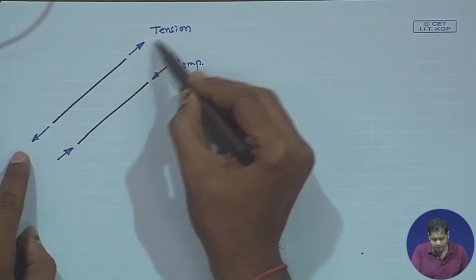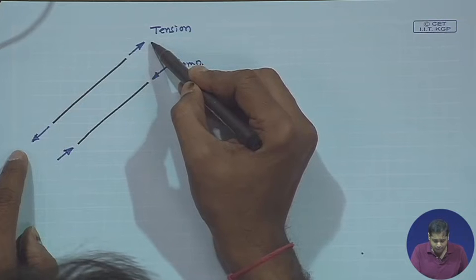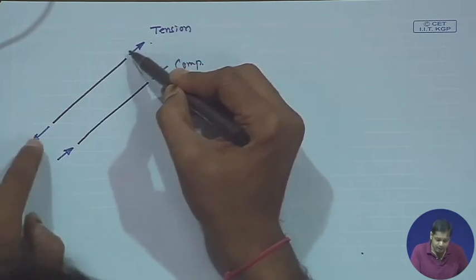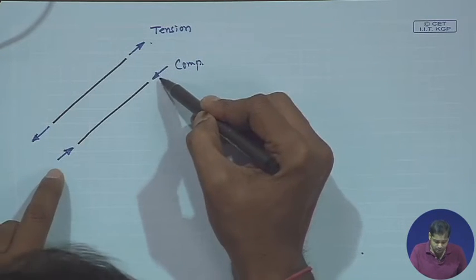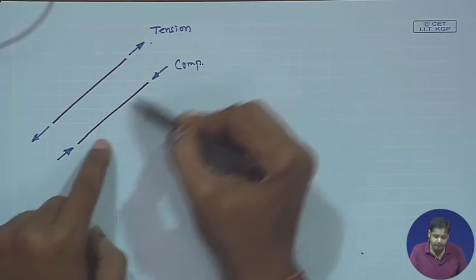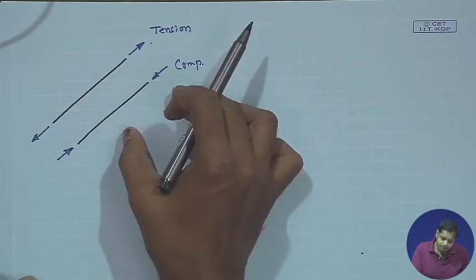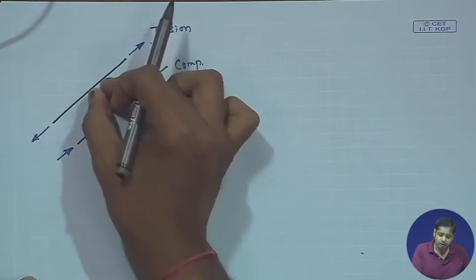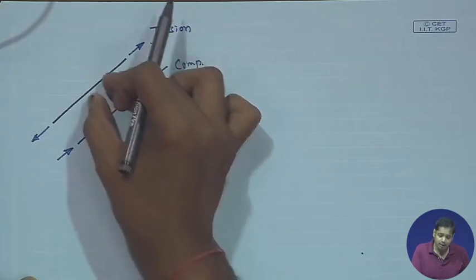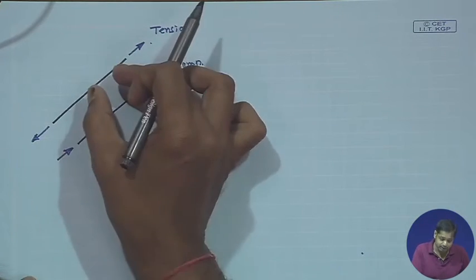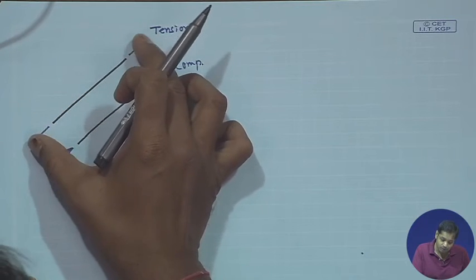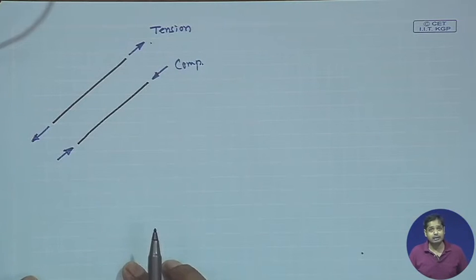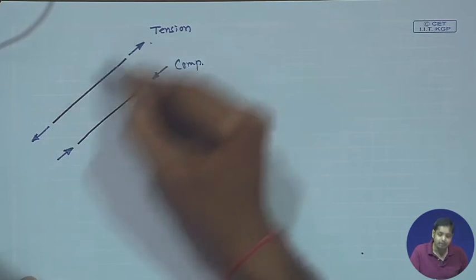Either it will cause elongation of the truss member in this direction, or a reduction of length in the truss member in this direction. So whatever deformation takes place in this member is always axial deformation. Either the deformation causes an increase in the length of the truss member, or a decrease in its length.